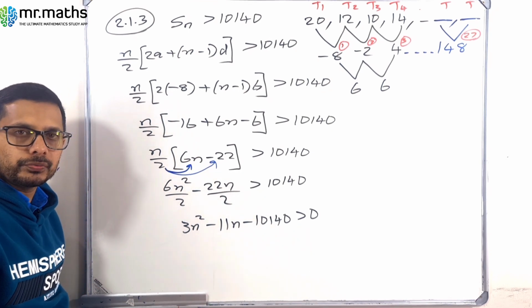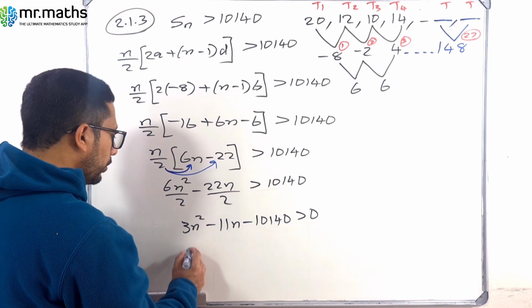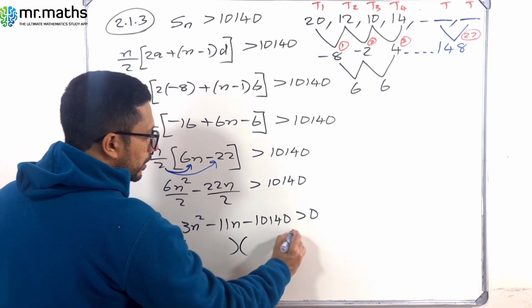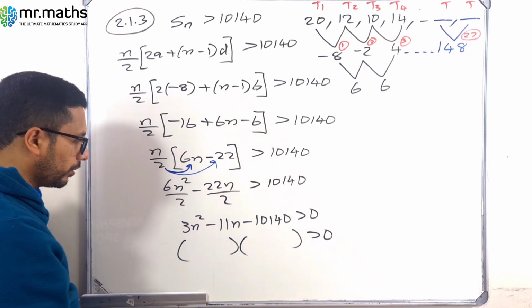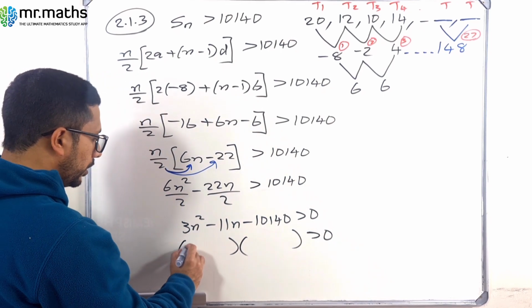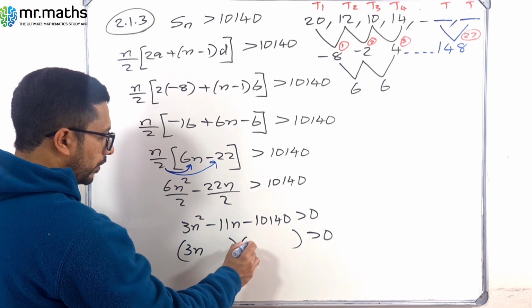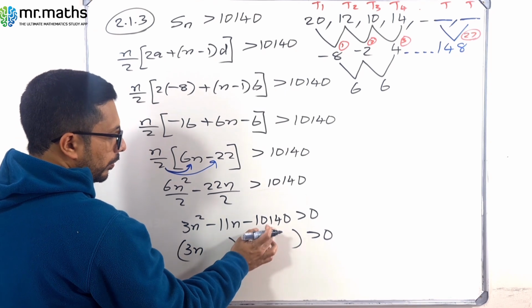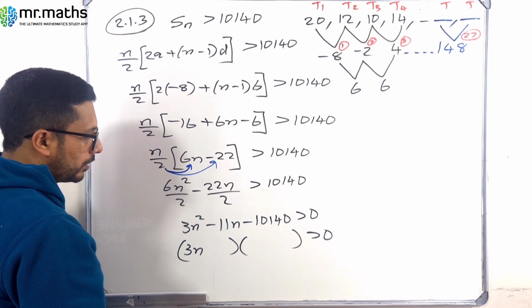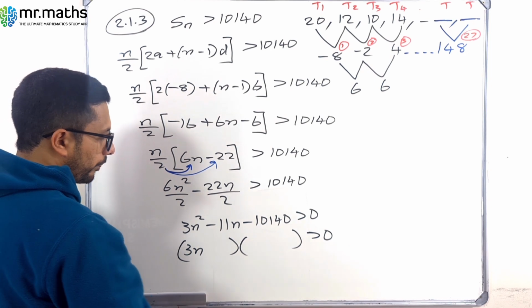So we have to factorize that quadratic equation. Either you have to factorize like this, is greater than 0. If you can find 3n square, so here it is 3n, and what is this one? Sum minus 11, product minus 10140.